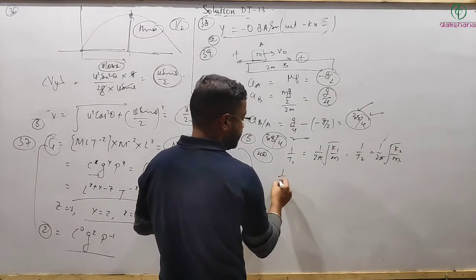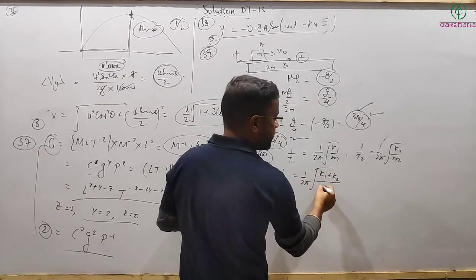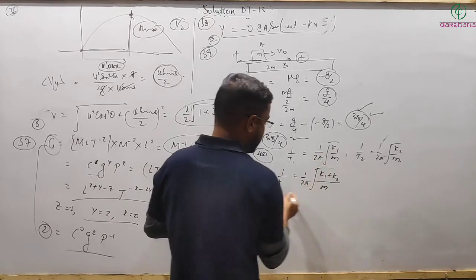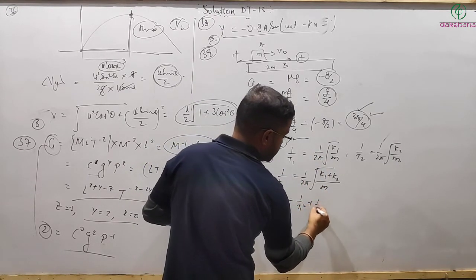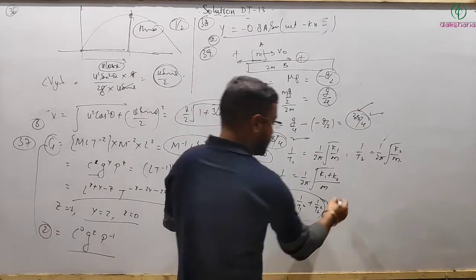Then the time period T, 1 by 2 pi root over, as the springs are connected in parallel, will be this. Squaring and rearranging, substituting the values, we get 1 by T squared is equal to 1 by T1 squared plus 1 by T2 squared, and this is the answer which is matching with option number 4.